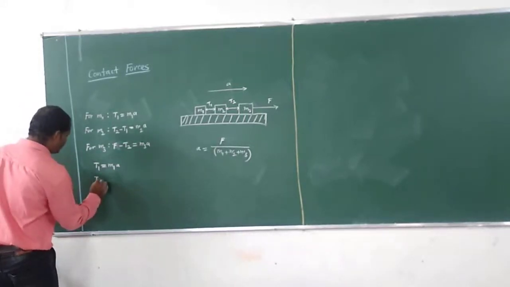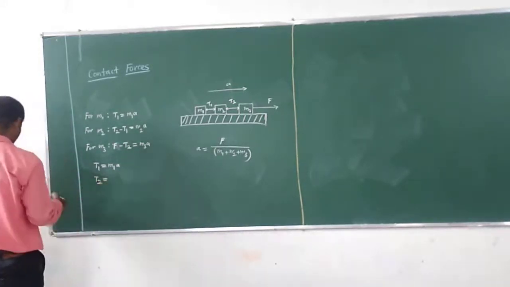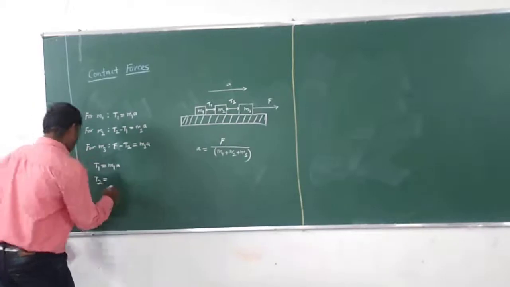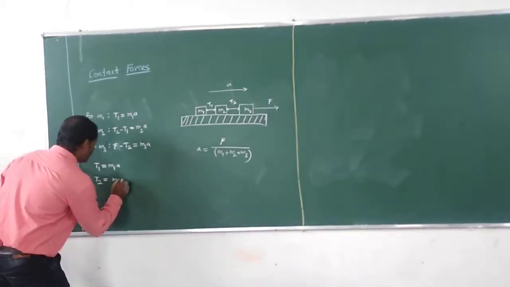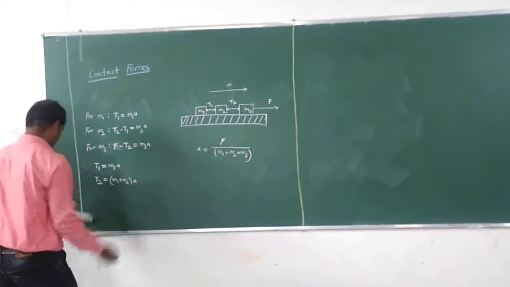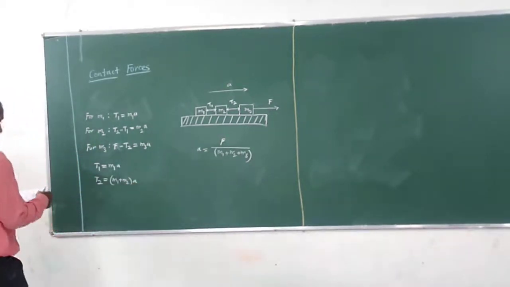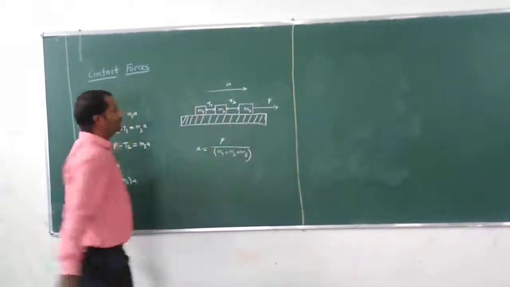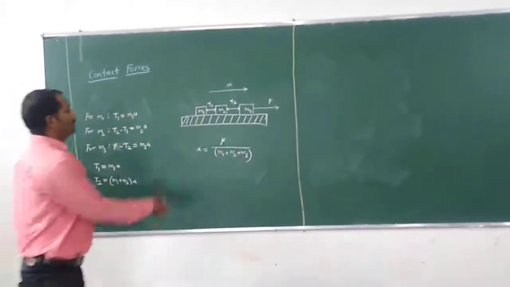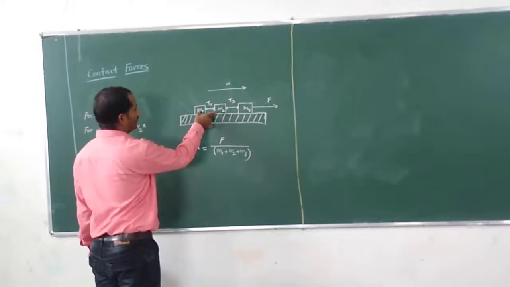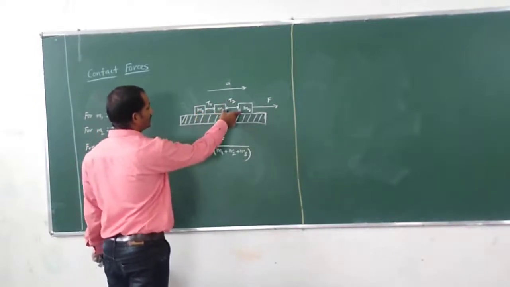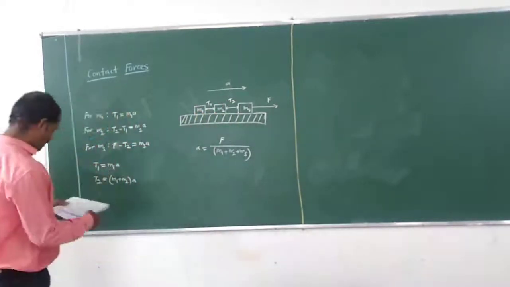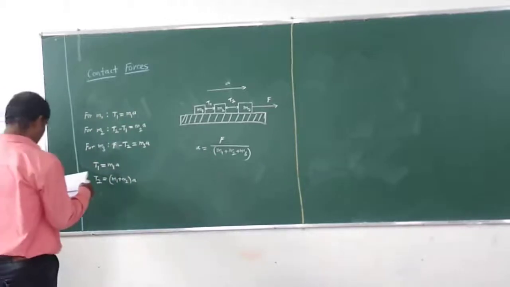Then T2 is equal to m1 plus m2 multiplied by a. तर हे T1 आणि T2 काय, टेन्साइल बिटवीन दिस. T1 is tensile between m1 and m2 and T2 is between m2 and m3, right?